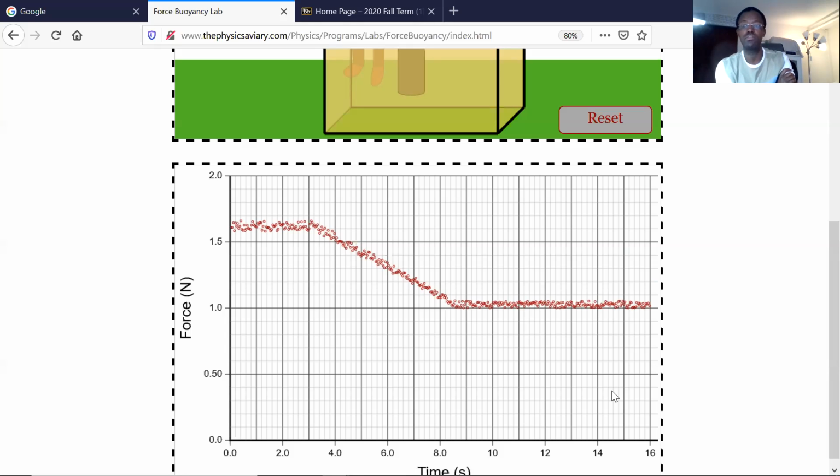Which means the force of gravity of the moon, the force with which the moon is pulling on the bottle.